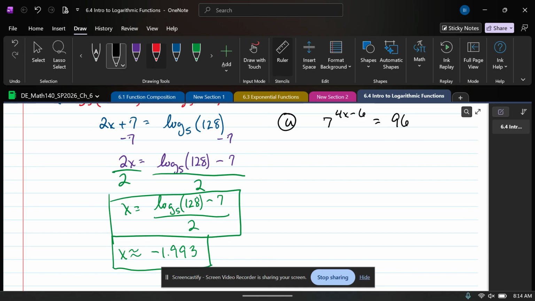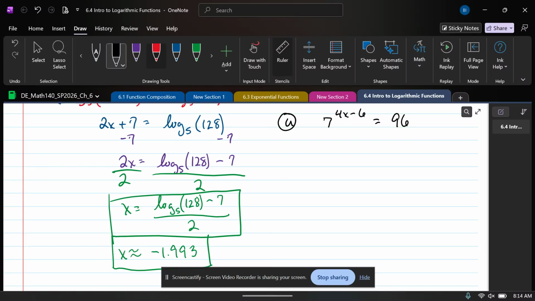Okay, so the key thing here is, what do we know about 96? Is it 7 squared or 7 cubed or anything like that? No, it's not. We know 7 squared is 49. If we multiply that times 7, it's going to be way bigger than 96. So we know that's not a 7 to a power. That's how I know to use logarithms to solve that.